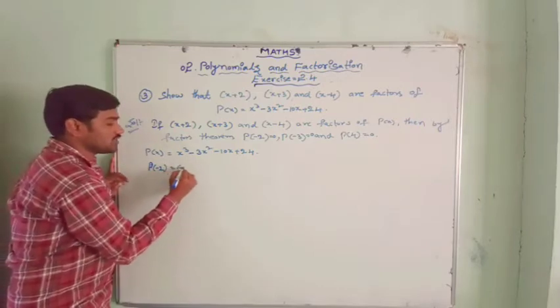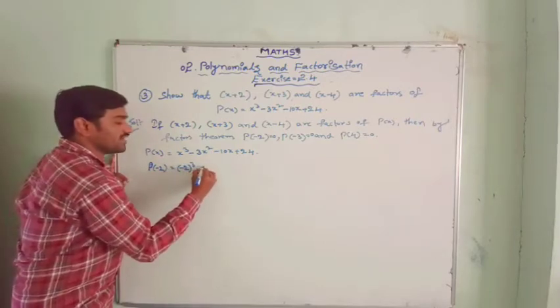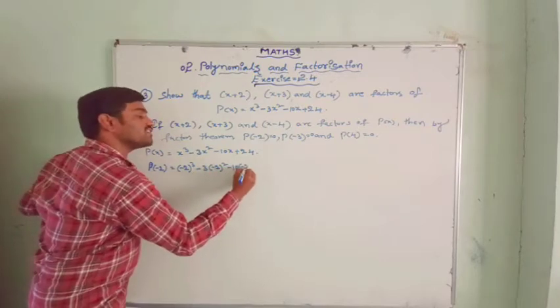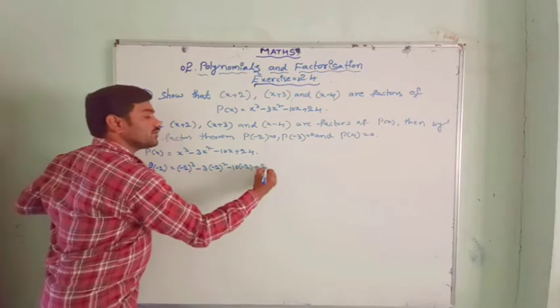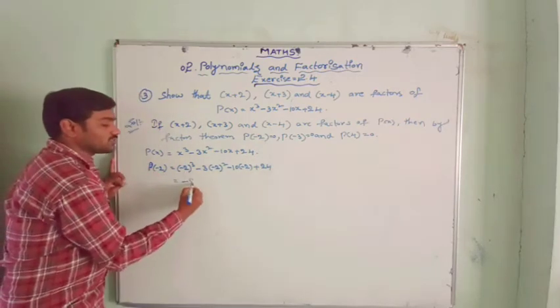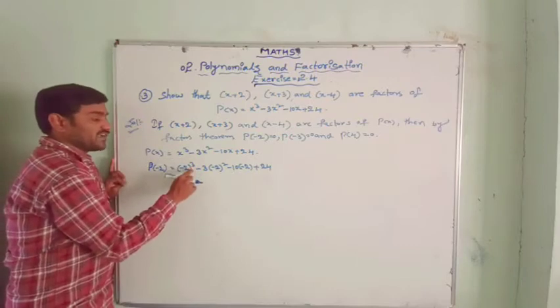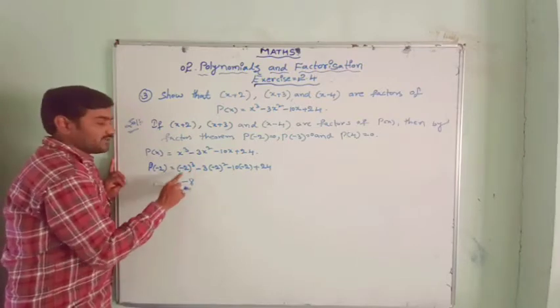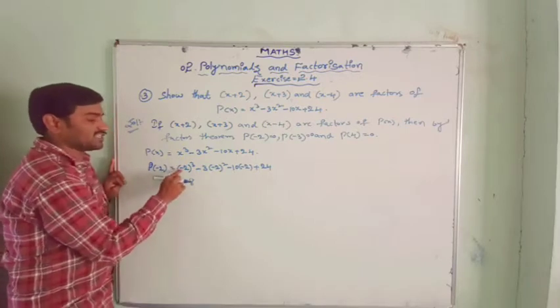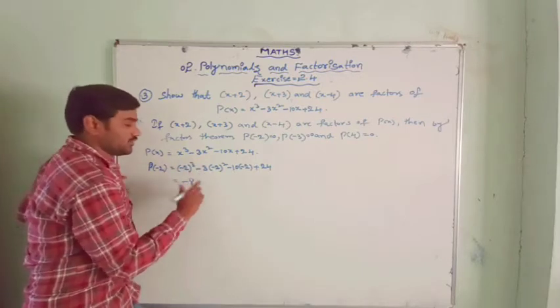P of minus 2 is minus 2 whole cube minus 3 of minus 2 whole square minus 10 of minus 2 plus 24. Minus 2 whole cube is minus 8, because the power is odd, so you will get minus as the sign. If you multiply minus three times, you get minus only.